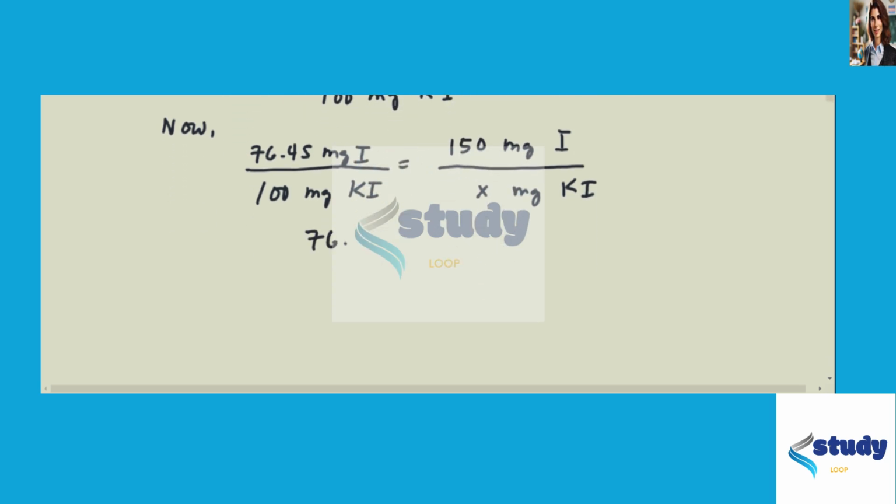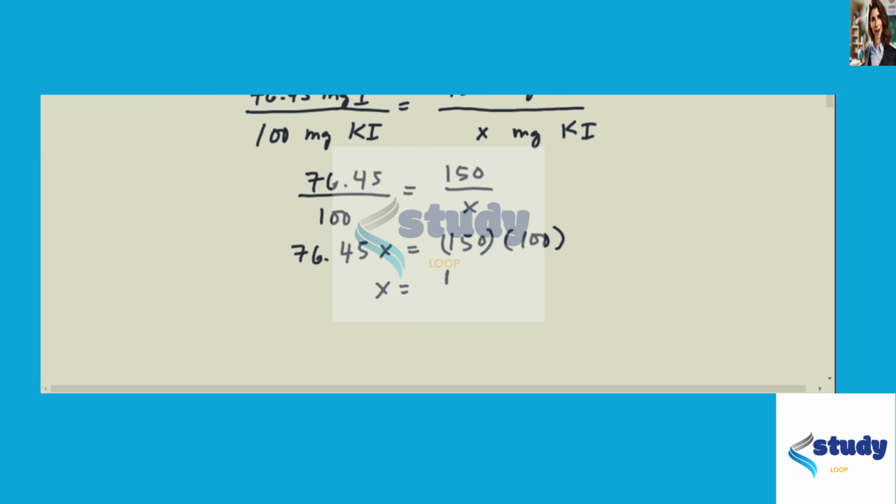So let me first drop the units so I can work it out easier. 150 over X, and then by cross multiplying, we have 76.45X equals 150 times 100, and I divide both sides by 76.45 to get X, which is going to be equal to 196.2 milligrams.